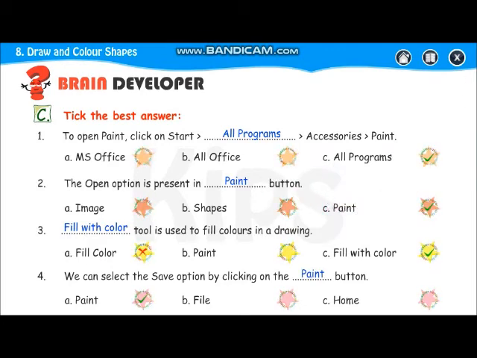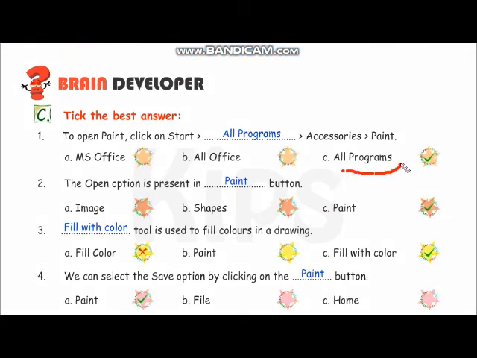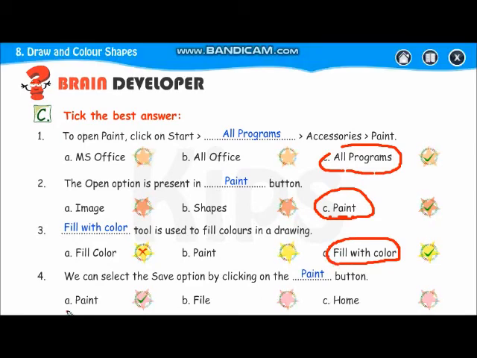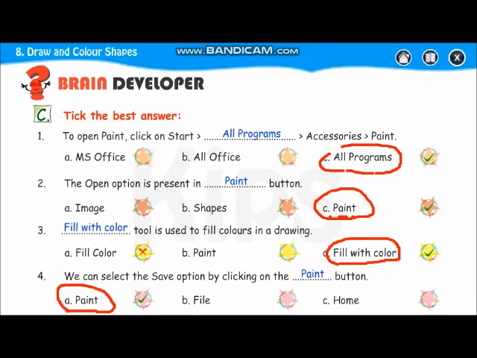Okay, so what you have to do is encircle the right answers. Fill with color, not only fill color. Okay, it's fill with color, and then your fill. So these are the right answers.